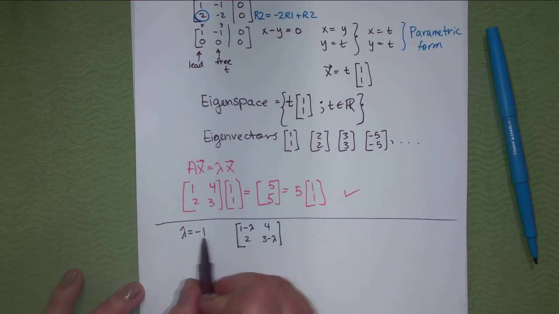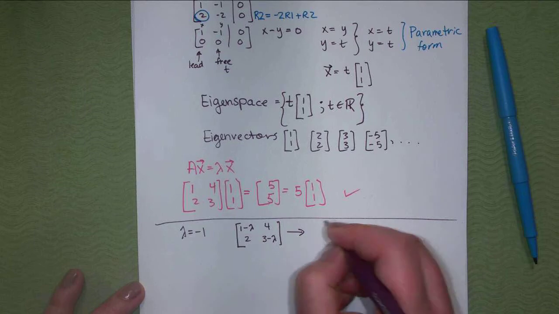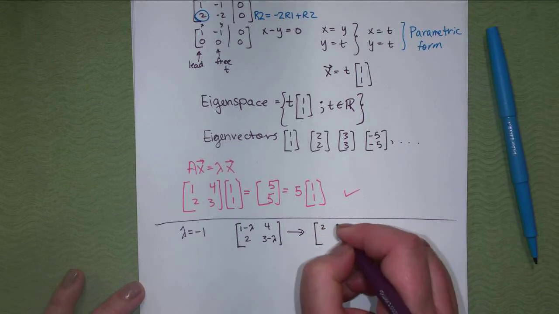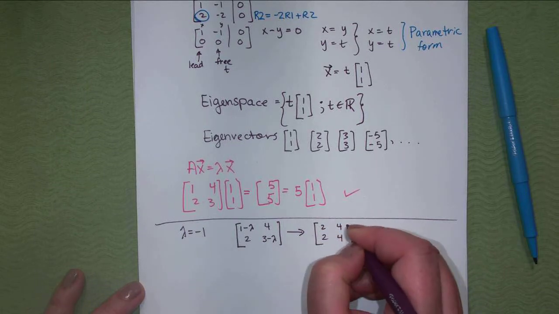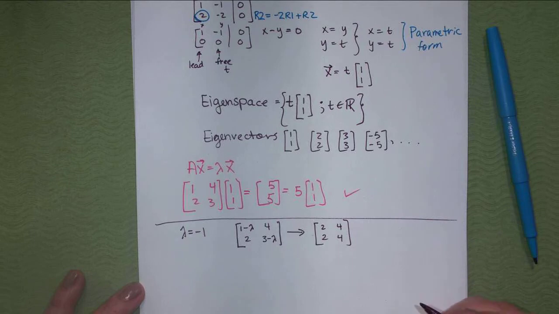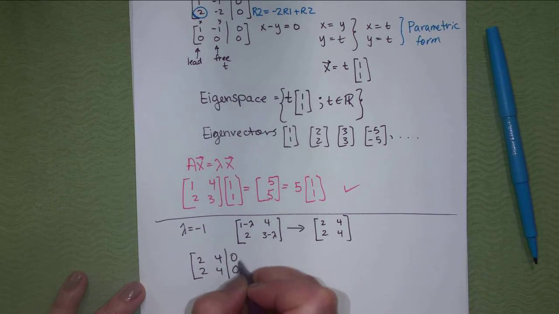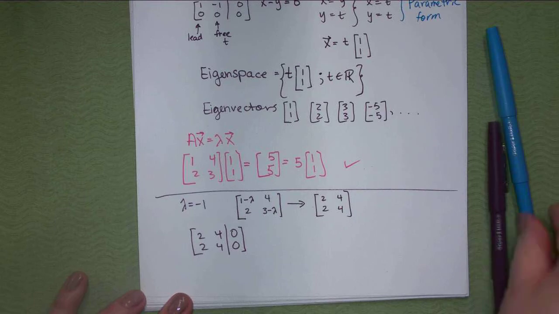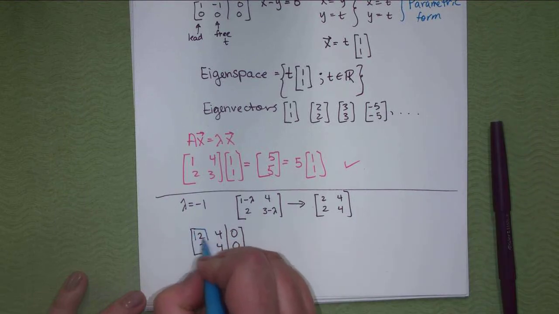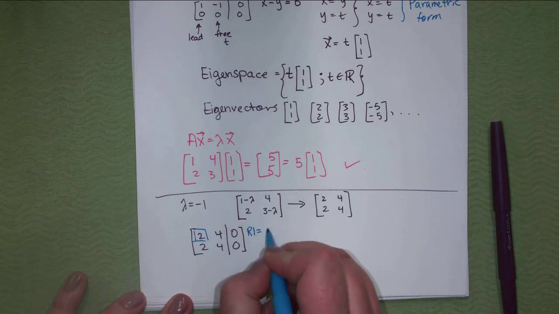So this will be 2, 4, 2, 4. And like I said, it's always going to be multiples. If it's not, you messed something up. It always has to have infinitely many solutions. So then we row reduce. Divided by 2.